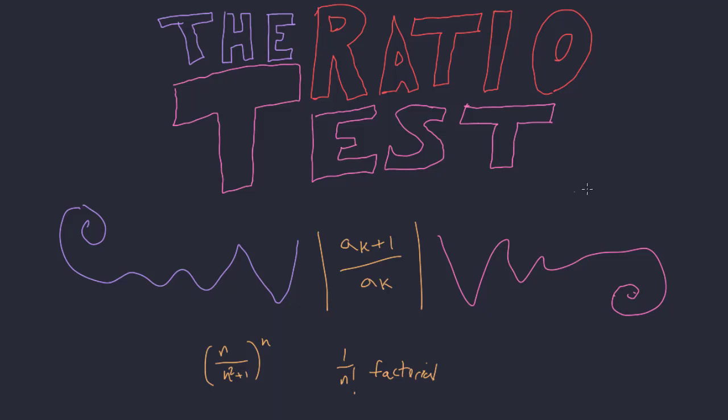So the ratio test is one of these first tests that actually give us a little more power when it comes to what types of series we can approach. And this is usually joined with the root test, which is similar. For this particular one, I'll just focus on the ratio test, and in the next video we'll talk about the root test and maybe have a bit of compare and contrast between the two.